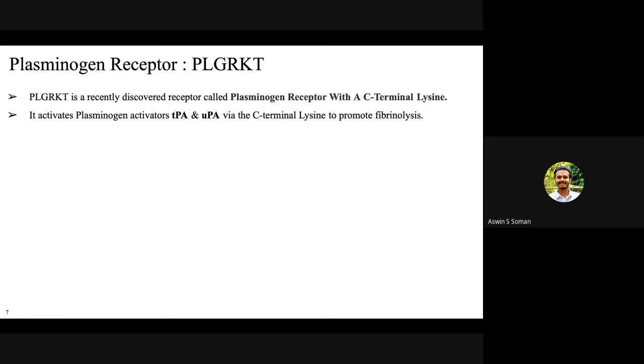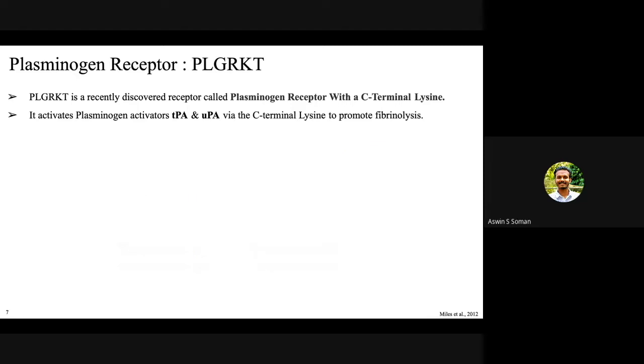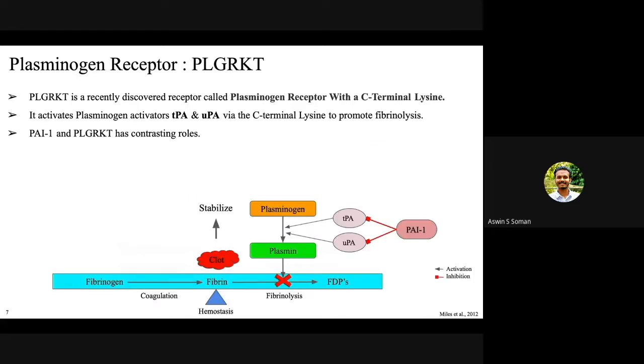As you can see, in its predicted structure, it is an integral membrane protein with a transmembrane domain, and a main characteristic is its exposed C-terminal lysine, which interacts with the plasminogen activators. It has contrasting functions with the PAI1 receptor.